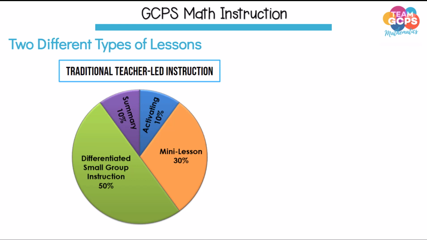We are able to begin with an activating strategy that sparks the interest of our students in what we call low floor, high ceiling experiences, in which all students are able to enter the experience with or without mathematical understanding. After we have piqued their interest, teachers lead their explicit think aloud about the mathematical concepts and allow students to practice with a thinking partner.